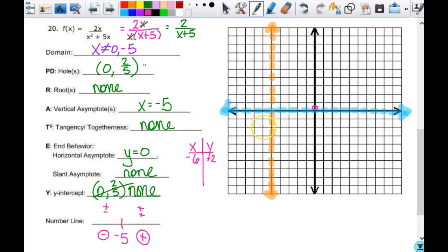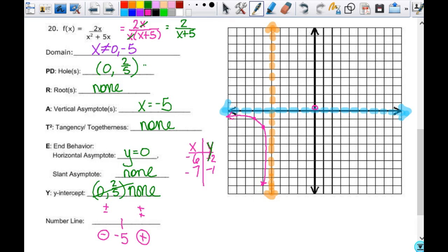So at -6, I'm at -2. If I pick -7, at -7, I'm at -1. So that kind of tells me my shape because it's negative this whole time, something like this.